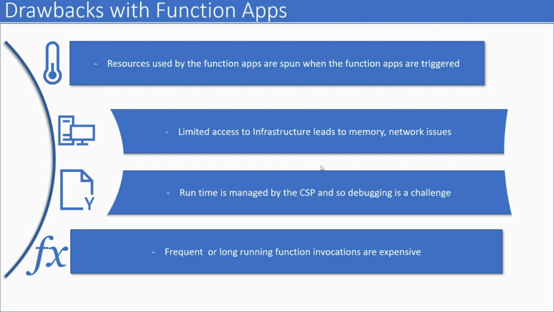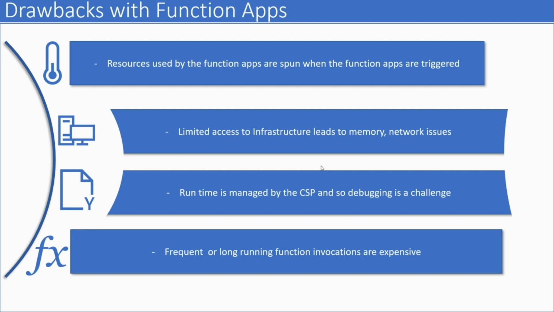Fourth important one, Azure function invocations can become expensive since Azure functions are billed based upon the number of invocations and the duration of each invocation. Sometimes frequent or long running invocations can quickly become expensive.